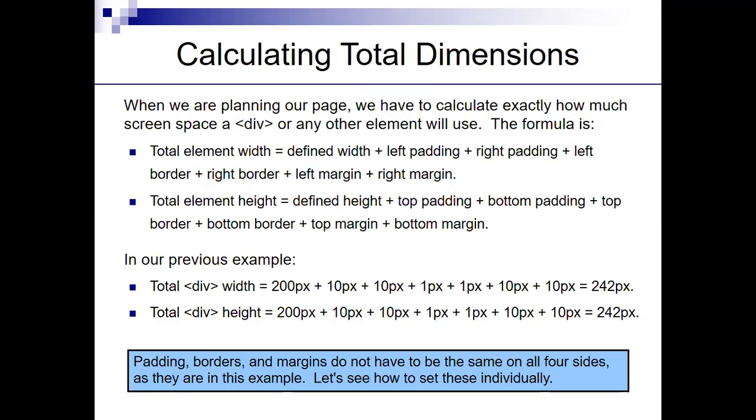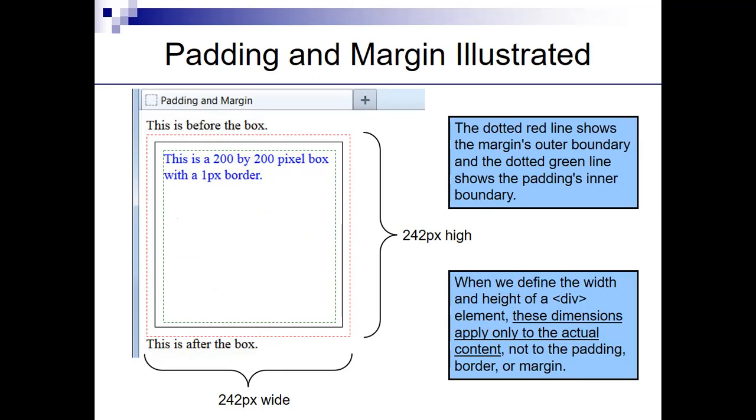So this is how the total dimension is normally calculated. It might not make sense now, but with time, you will know what happens behind the scenes. Like calculating this particular width and height, we have the width, which is 242 pixels. I think it's a square. The height and the width are 242 pixels, right?